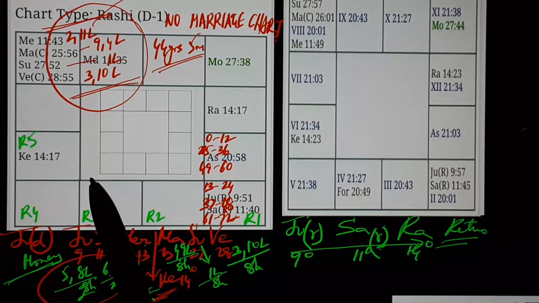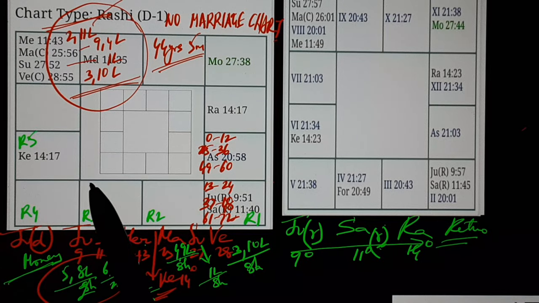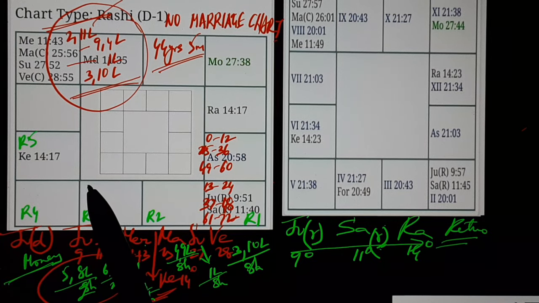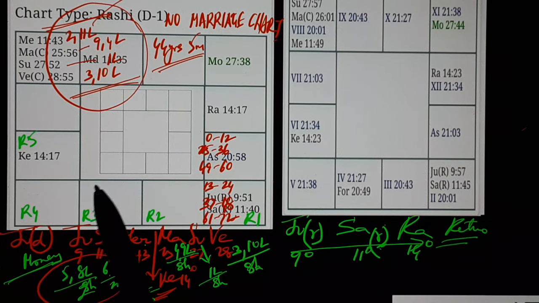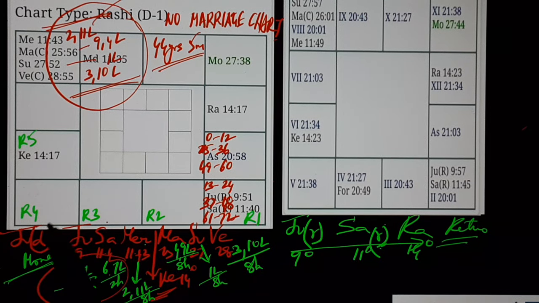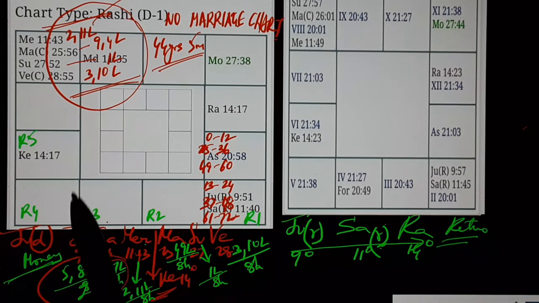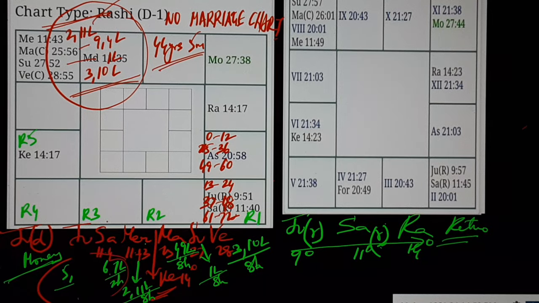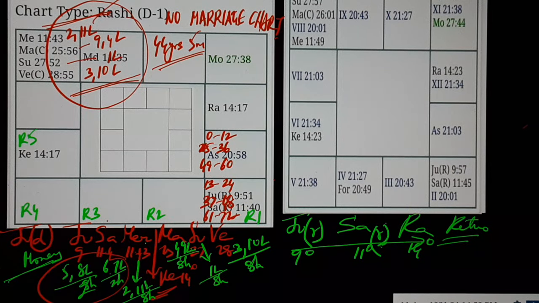And when a planet of exaltation and the Lord of the house aspect the planet which is in debilitation, the debilitation gets broken. But here, since Venus is combust and Mercury is combust, and Venus and Mars are combust, and both are very much in the 8th house, they both fail to offer any kind of help to the native.